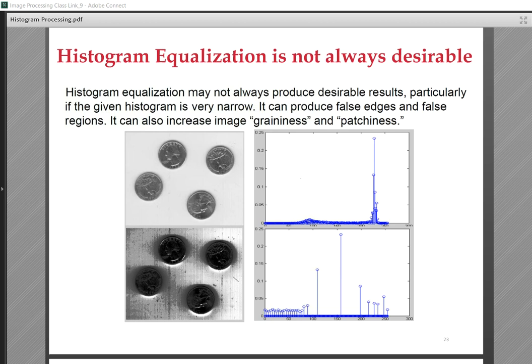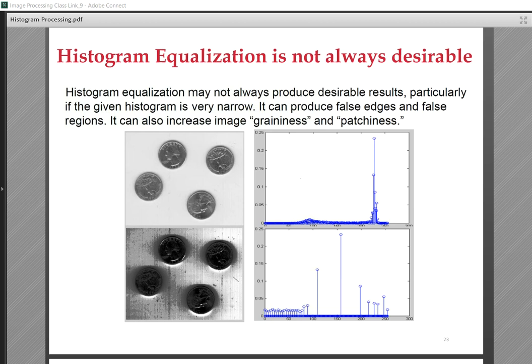We saw some slides for improvements of enhancing the quality of an image by equalizing the histogram. But in some cases maybe it isn't good.